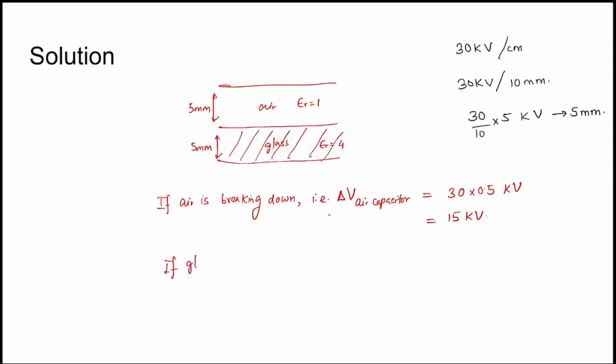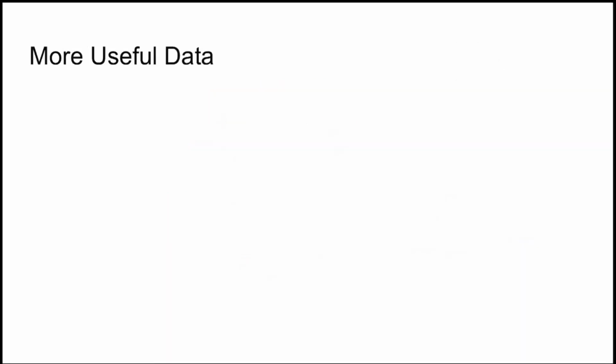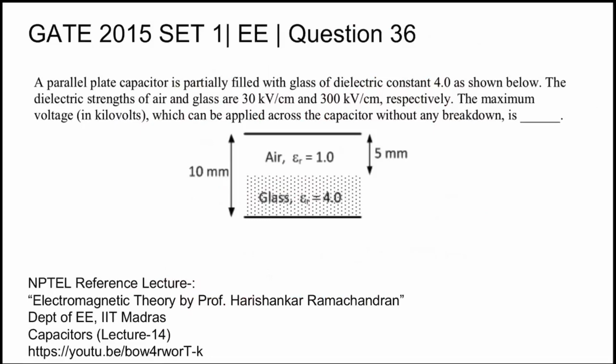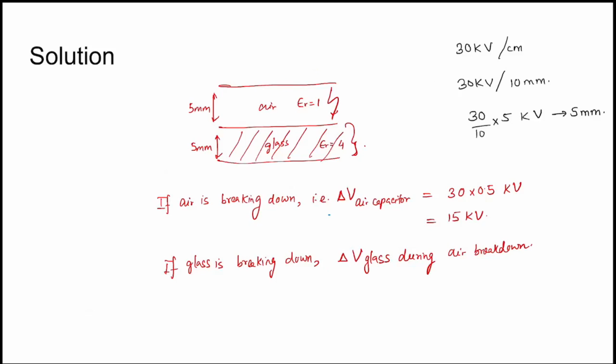Now the same, if glass is breaking down, delta V glass during air breakdown. Even if air is breaking down the glass is not breaking, but still we have to consider that case only, because the question asks for the maximum voltage that can be applied without any breakdown.